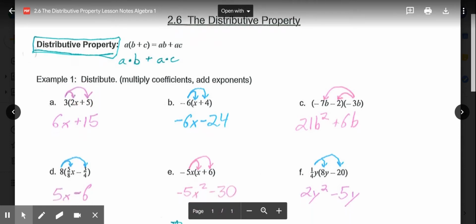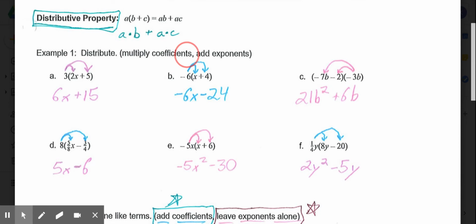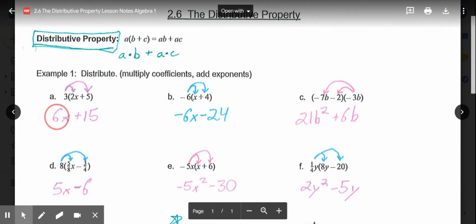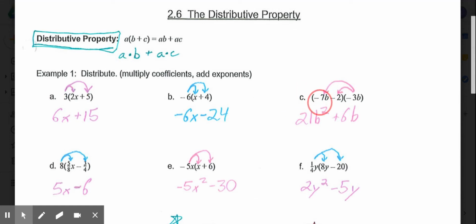So let's look at a few examples. Example 1 says to distribute, multiply the coefficients and add the exponents. A coefficient is the number that's in front of a variable. So if there's a number in front of a variable, like here, 2x, 2 would be the coefficient. Or over here in C, negative 7b, the negative 7 is the coefficient.